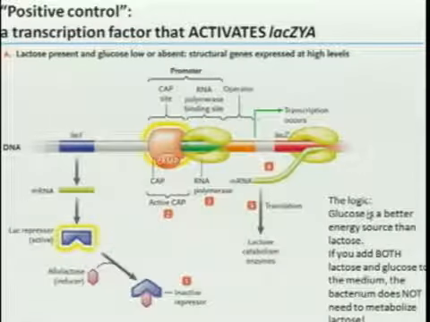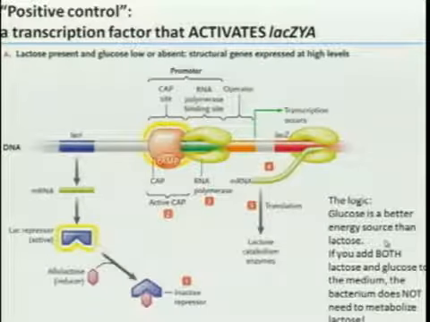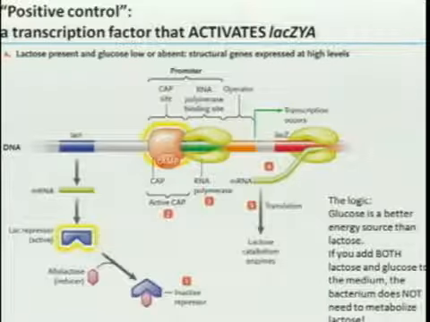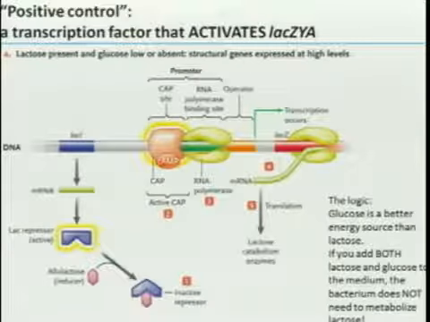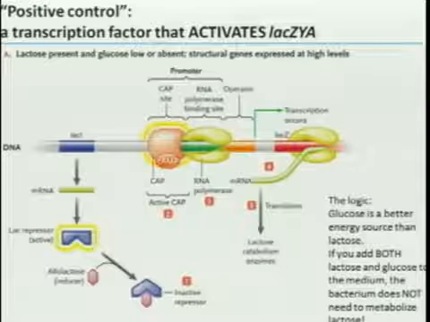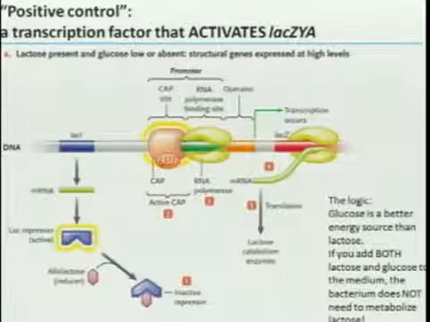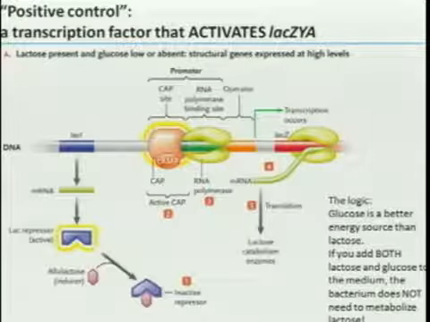The logic is glucose is a better energy source than lactose. In other words, if you take E. coli and you put it both in milk sugar and glucose, the bacterium doesn't need to metabolize lactose. Remember, it's a microbe. Its goal is to divide as fast as it can and take over. How does that work? There is a system, in addition to a system that senses lactose, the milk sugar, there is a system that senses glucose.